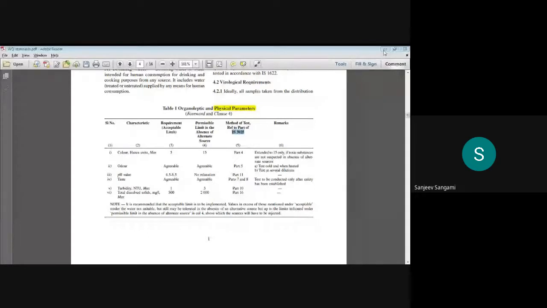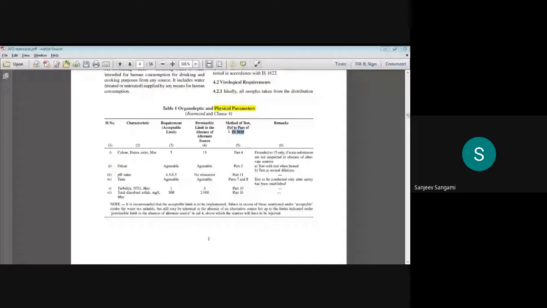For each part, it is the color, the odor, the taste: how exactly it will be determined, which equipment we will use. All those things are discussed in that code IS 3025. Why I am showing this is to show how all these water quality parameters are listed in this IS code. This is very important.